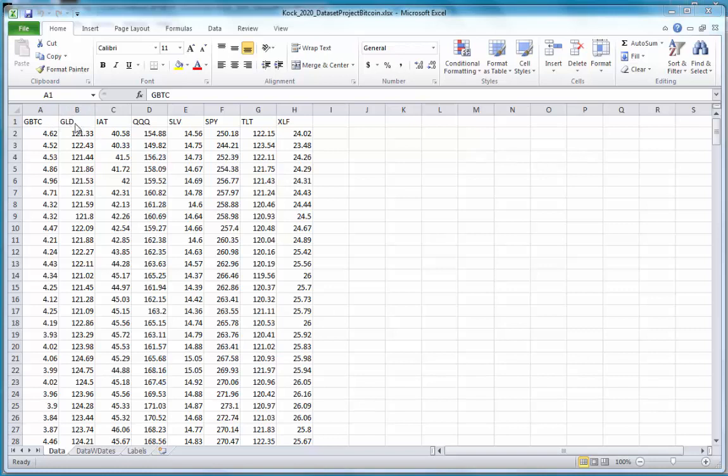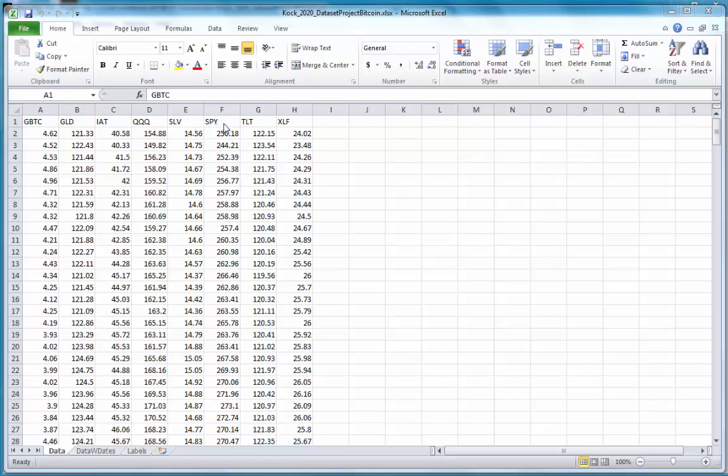GLD tracks the price of gold. IAT tracks the price of regional banks. QQQ tracks the price of companies that usually make up the NASDAQ. SLV tracks the price of silver.